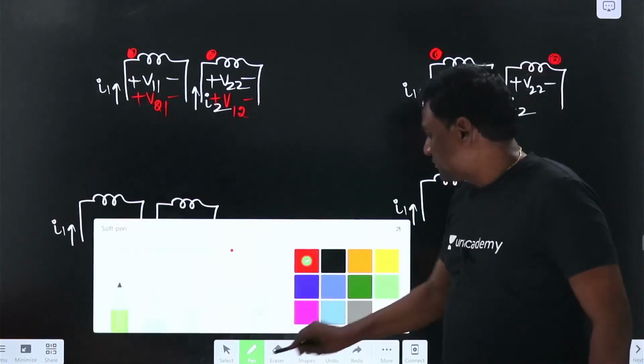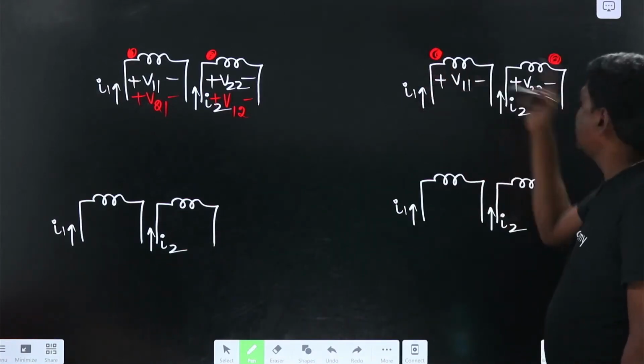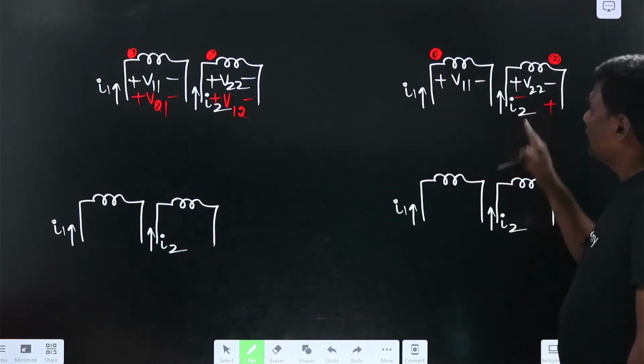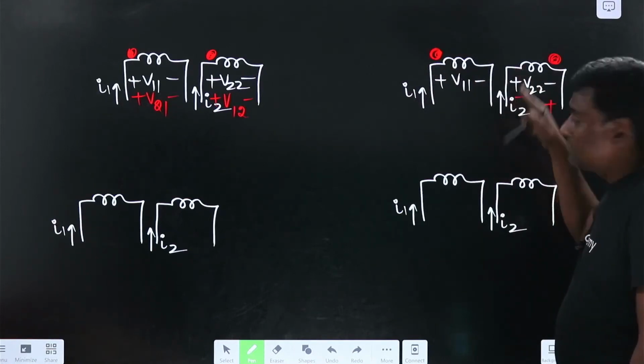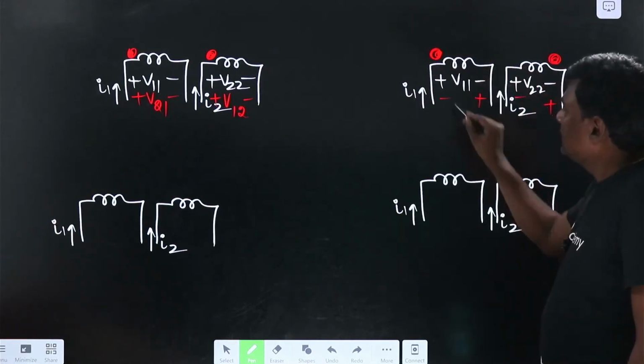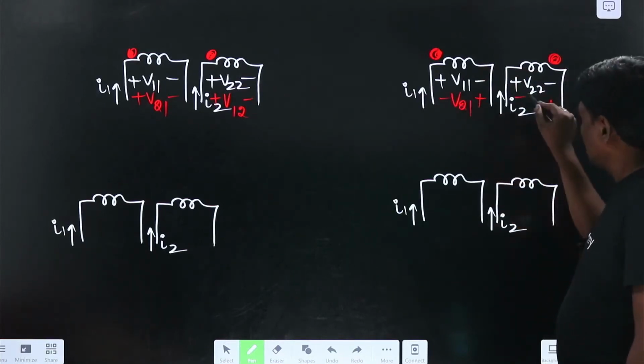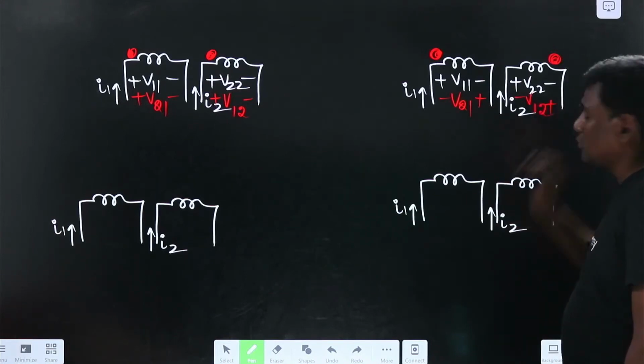When my current is entering into a dot, this dot should be positive. When my current is entering into an undotted terminal, the undotted terminal should be positive. This is because of 2 happening in 1, and this is because of 1 happening in 2.